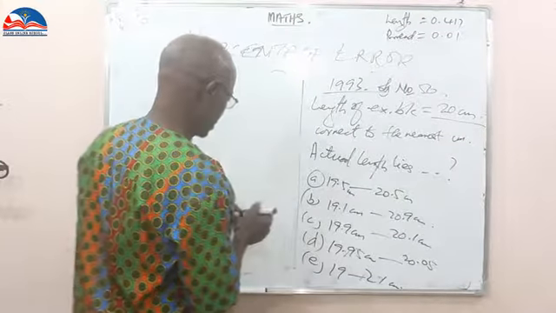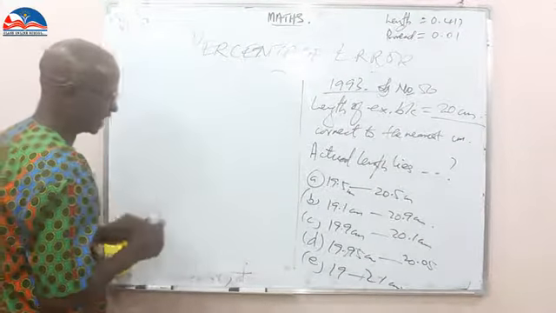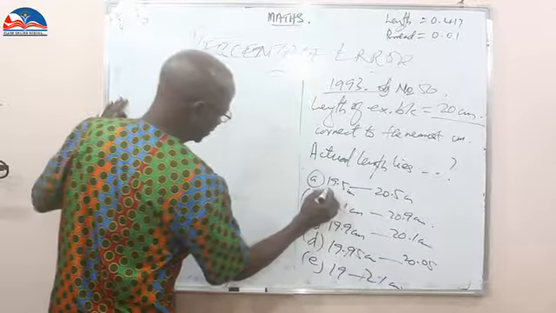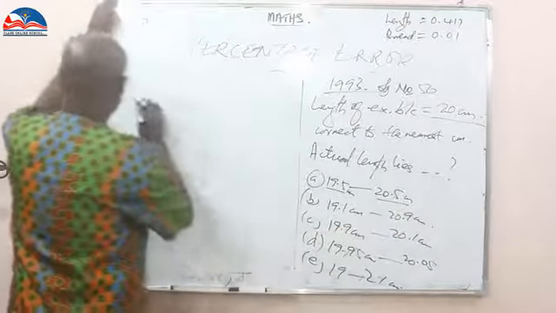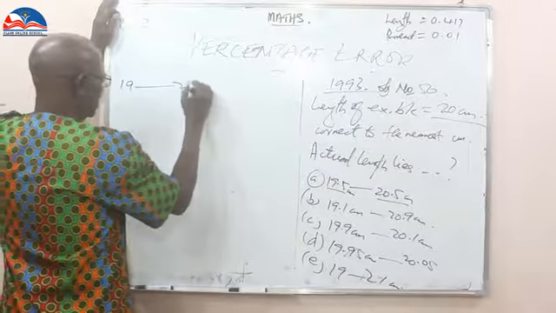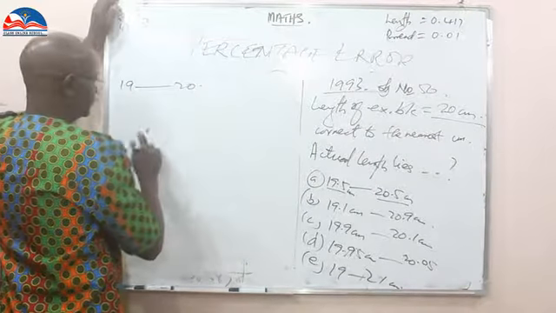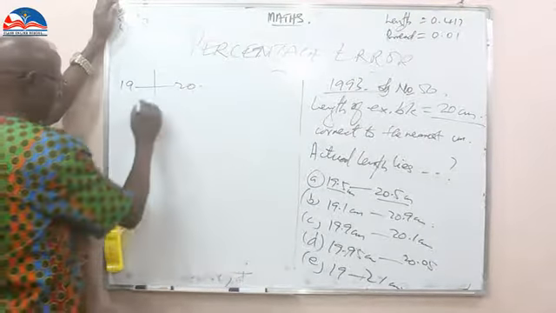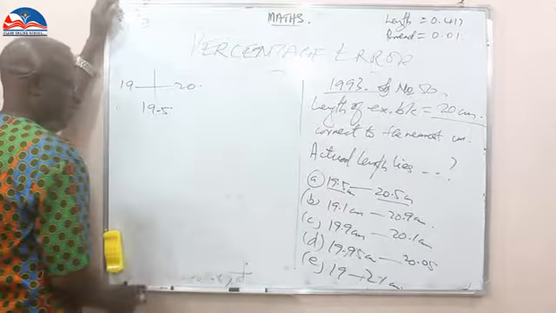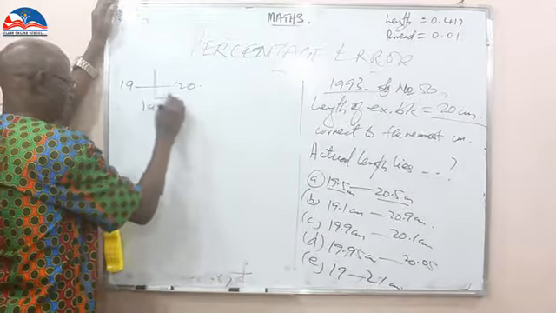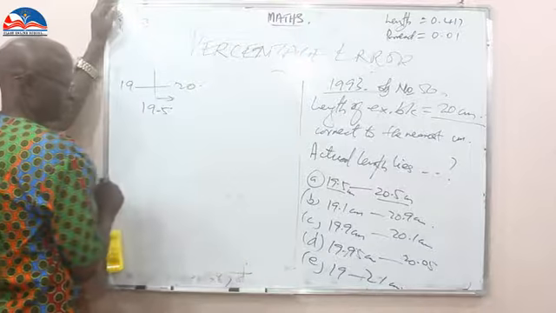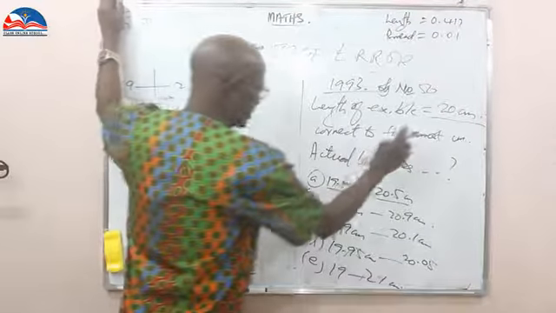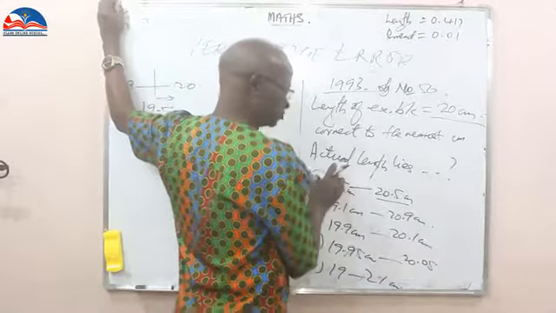I told you, taking the unit here, let's say after 20, midway in between is 19.5. Any number from 19.5 upward is approximated to 20.